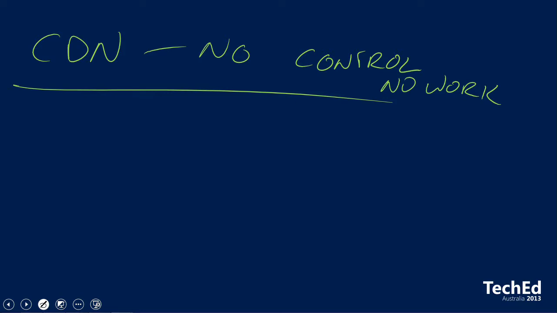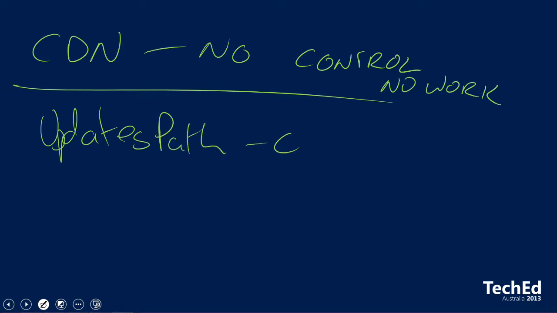The second option is the one that we just had drawn up on the whiteboard earlier, and that is to use an updates path. It's capitalized like that. And that gives you control. But in a lot of cases, what I'm hearing from people is that what it lacks is scalability.